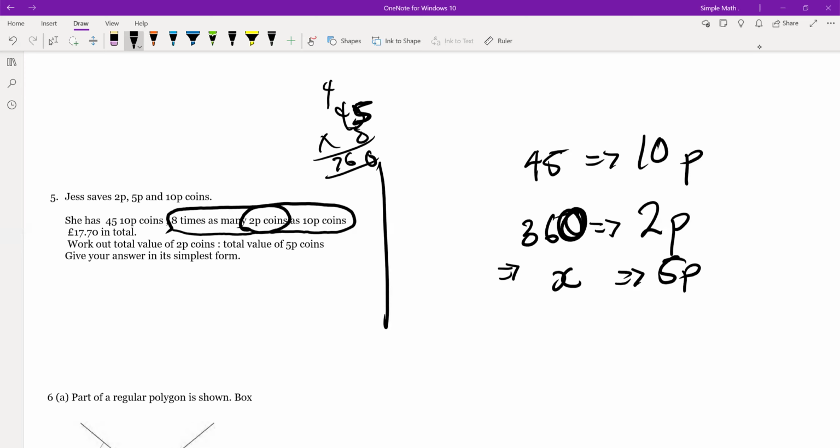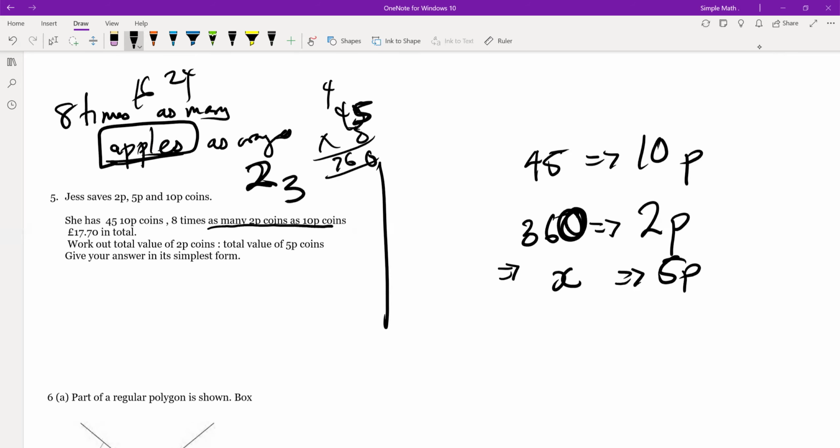If I have 3 oranges, I have 24 apples. The one that's first is usually the one that's higher in number. So you get that idea, so you understand the lingo. And for the number of 5p coins, I don't know, which is x.